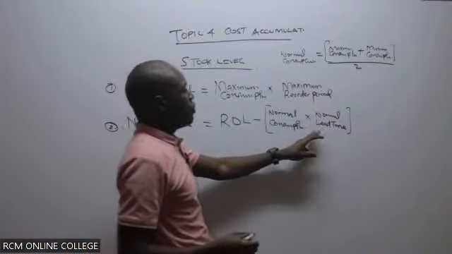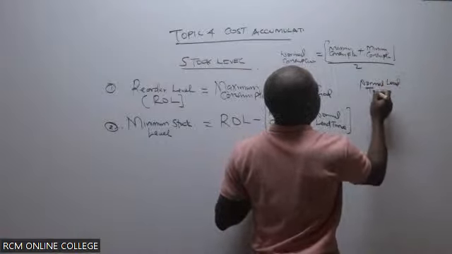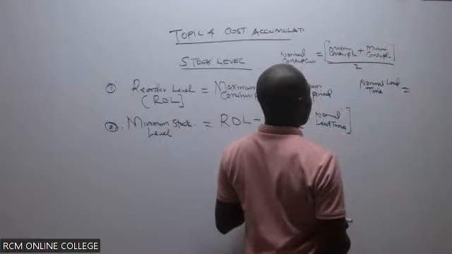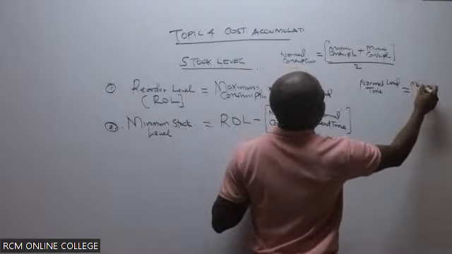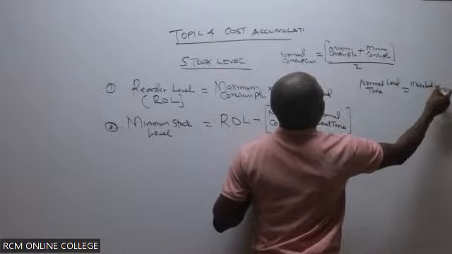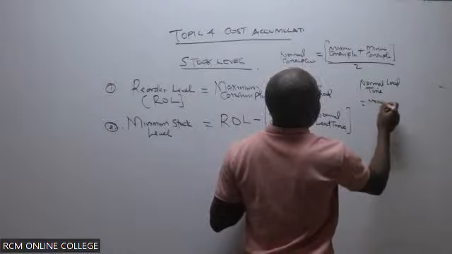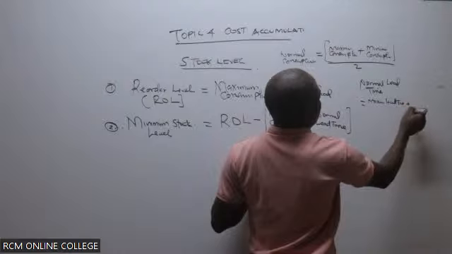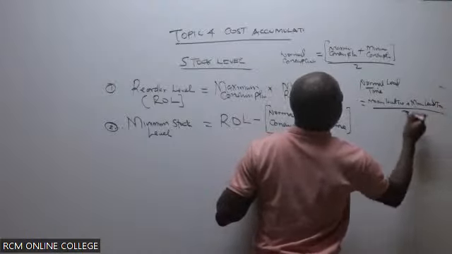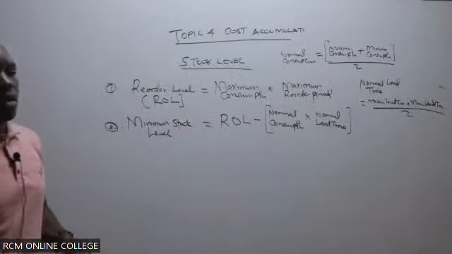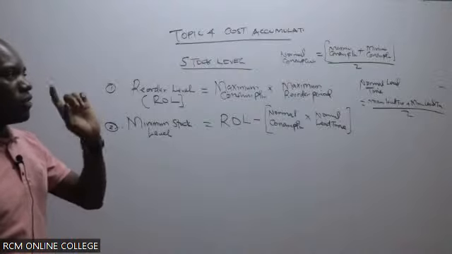If the examiner has not given you normal lead time, then normal lead time will be equivalent to maximum lead time plus minimum lead time, then you divide everything by 2.